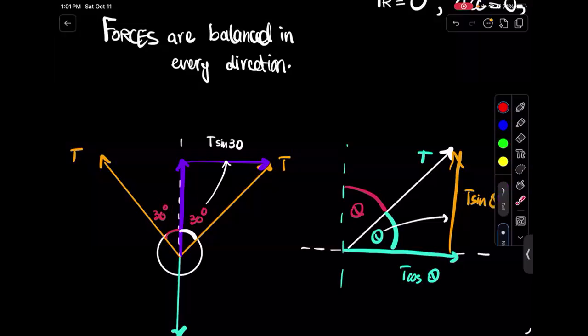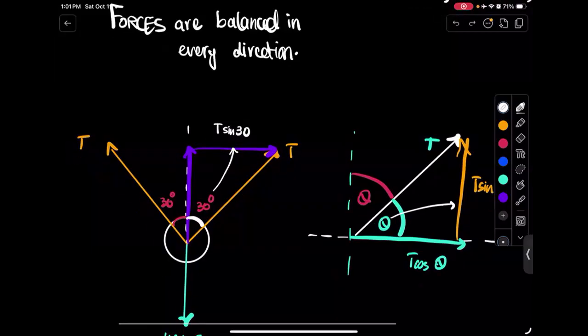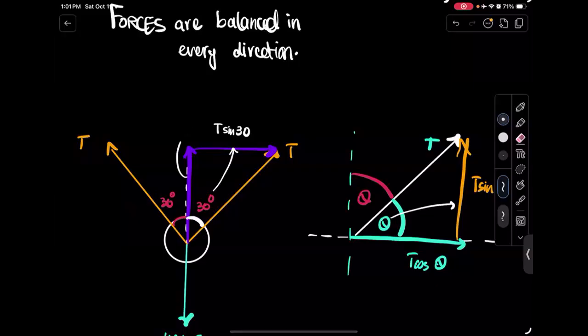You have to look at what angle has been given. So this force is T sine 30. What about the vertical force? The vertical force is going to be T cos 30, because the angle that has been given is this one.